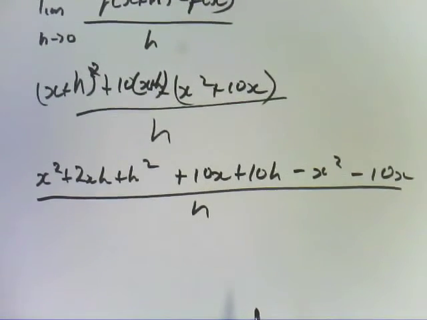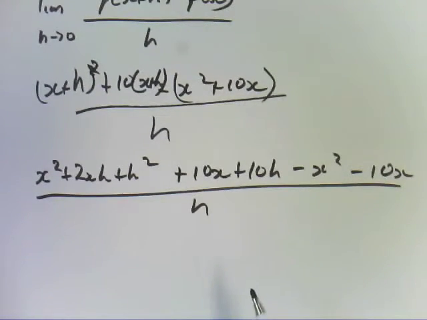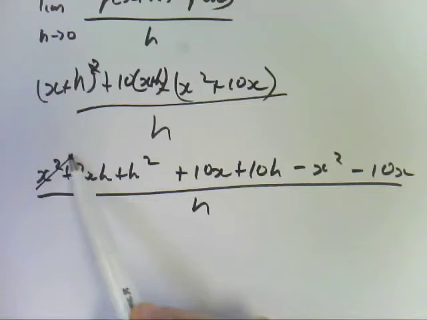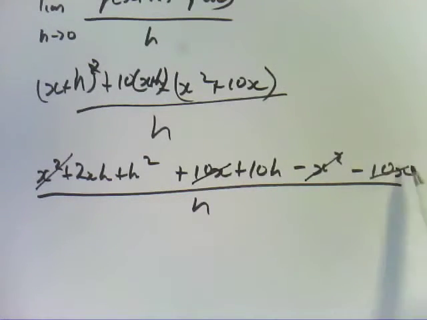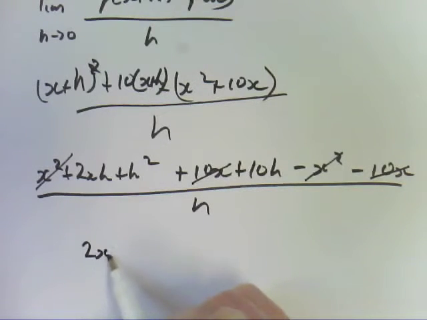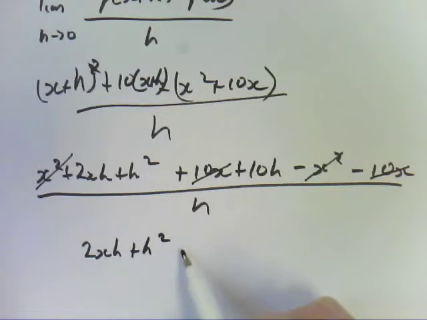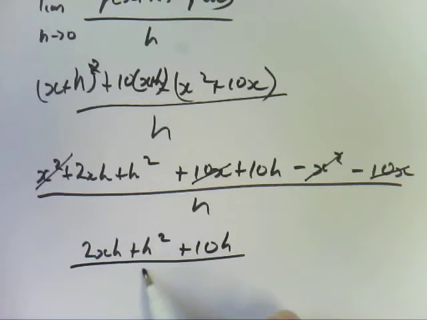So now we look for things to get rid of. And we pretty much want to get rid of anything that doesn't have an h associated with it. So that's where you start. x squared is going to disappear with this minus x squared. 10x is going to disappear with this minus 10x. So we're happy. 2xh plus h squared plus 10h divided by h.